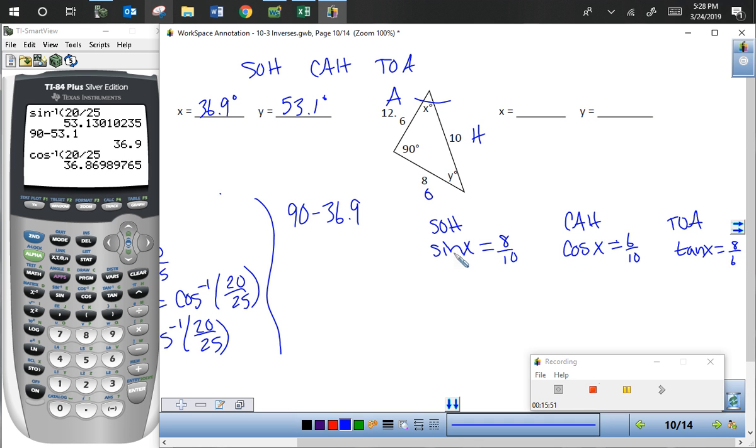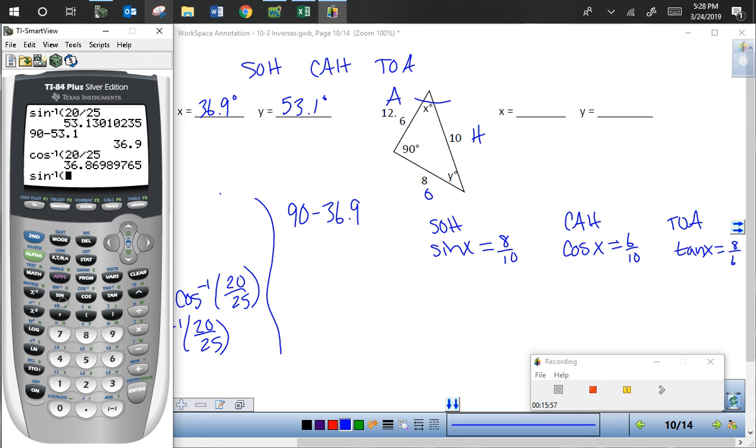Remember, we're taking the inverse on each of these, so just to show you, inverse sine of 8 over 10, inverse cosine of 6 over 10, and inverse tangent of 8 over 6. I'll retype in the first one so you can see it on the same screen here.